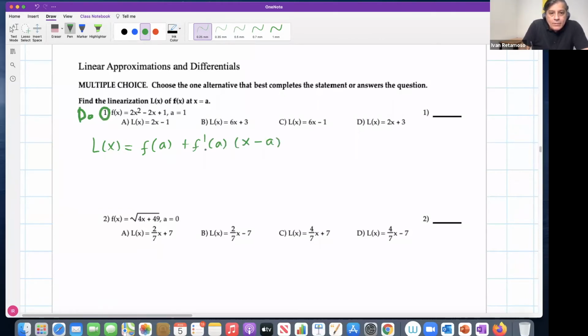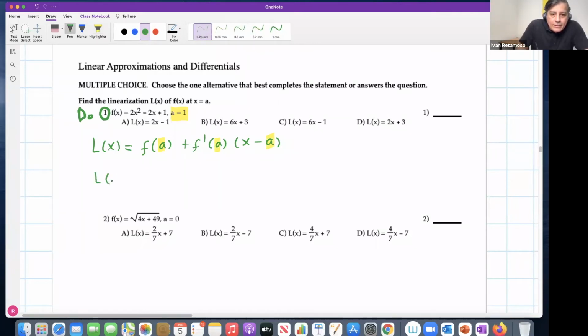Try to write this down somewhere. This is the formula for the linearization, where a is the base point, right? And they give you the base point, a equal 1. So 1 should go here, here, and here. Give it a shot, and let us know if you get the answer, okay?